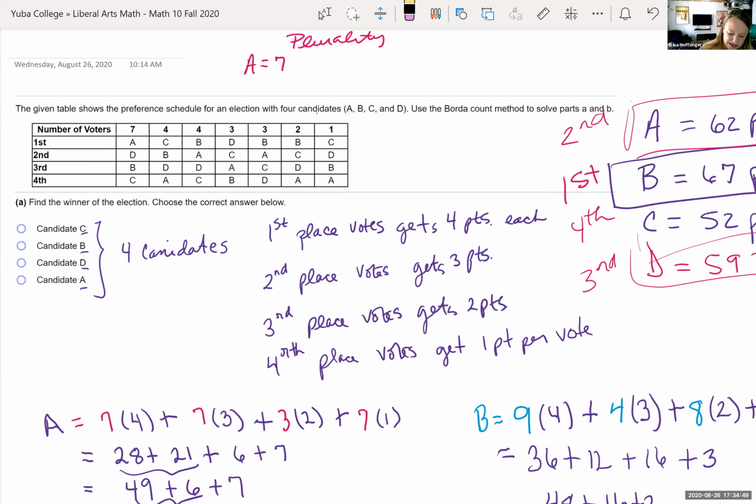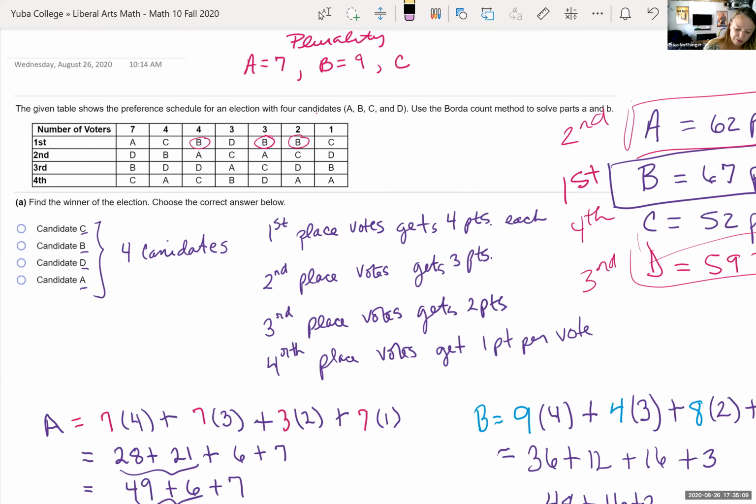We look at B. They have 4 here, and 3 here and 2 here. So 4 plus 3 is 7, plus 2 is 9. So they have 9 first place votes.